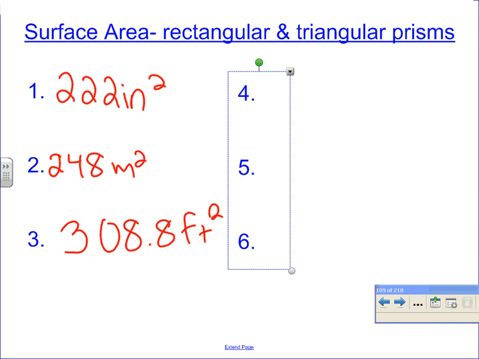Number 4, Michelle. Good. 488 centimeters squared. Evan, number 5. Okay, how about 6? Okay. Did you do all of your homework? Okay, do your homework. Nathan M, number 5.